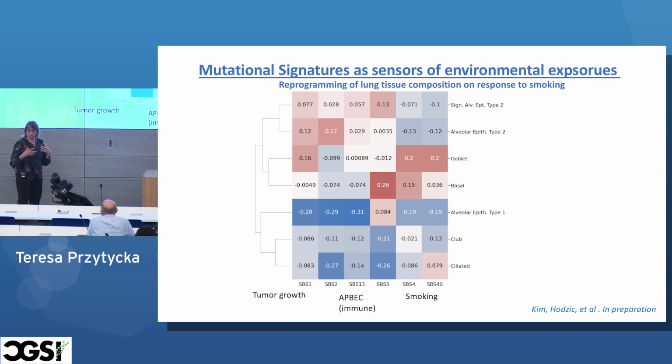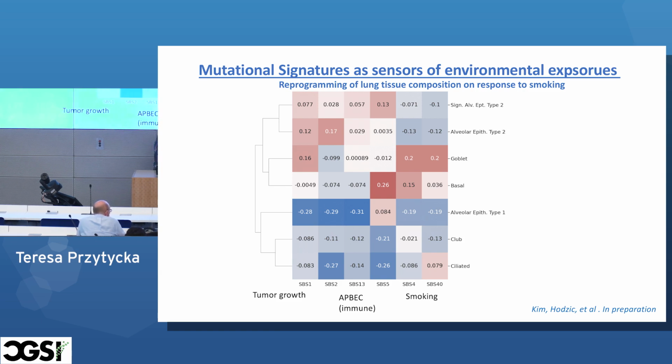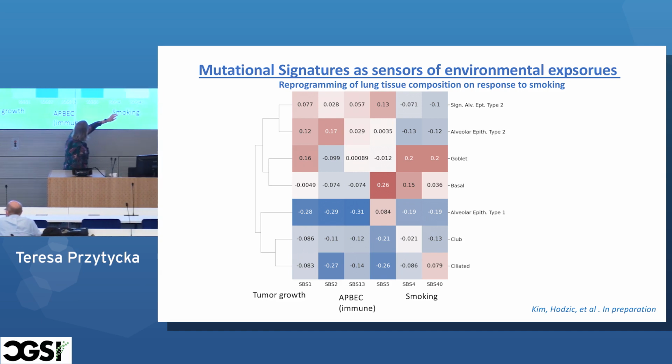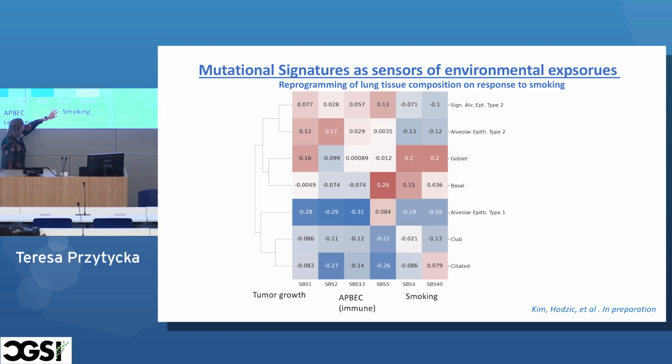So what we can see now from the analysis, we fully agree with this observation, but we have some additional information: while smoking seems to have a direct effect on increasing goblet cells, in terms of reducing, say, ciliated cells, we can see that it's not so much smoking, but there is this other signature associated with it that is present in other environmental exposures, not only smoking, as well as the immune signature that are associated with a reduction of those cell types.